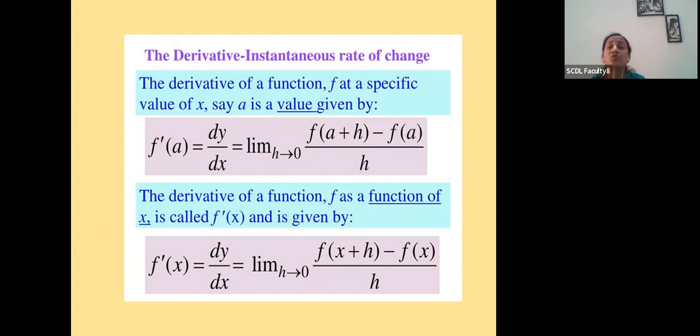Now, the derivative of a function is nothing but the rate of change.